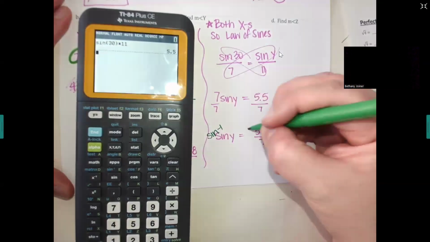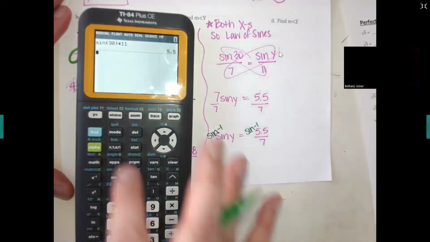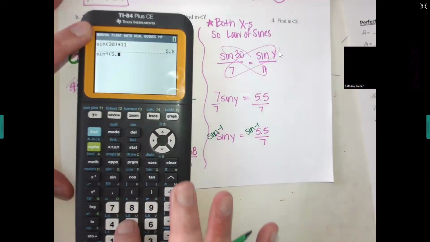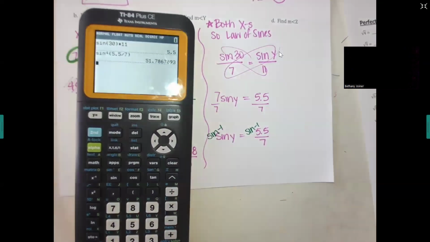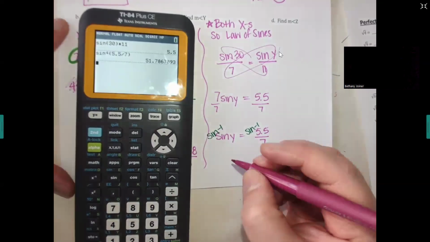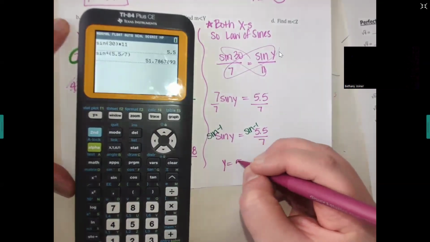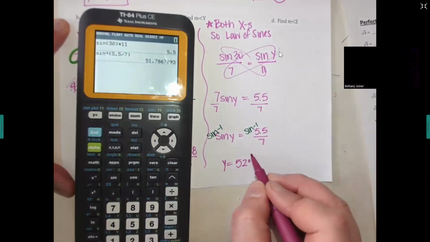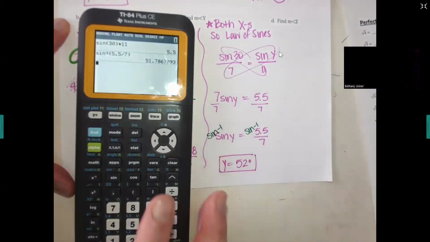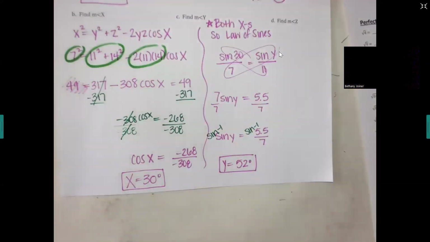Second sine or sine inverse. Very good. So then in your calculator, second sine 5.5 over 7. Okay, my angle comes out to 51.7. We're going to round that to 52 degrees. Now, for the third angle, will I need a big fancy formula? They all have to add up to what? 180.